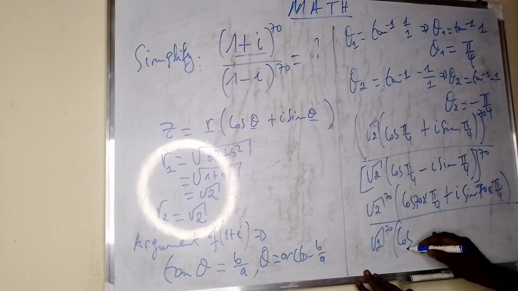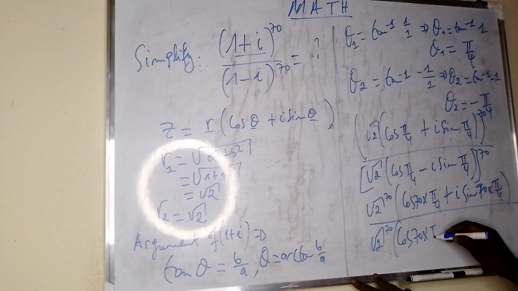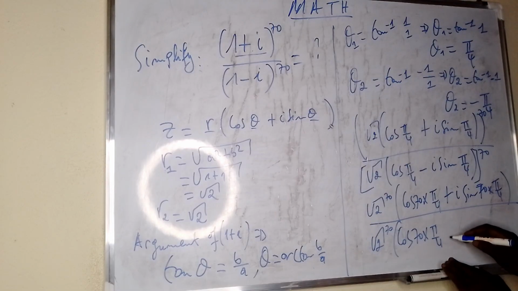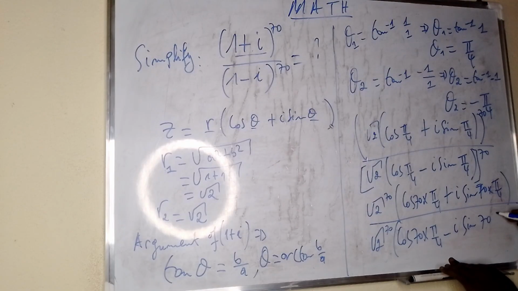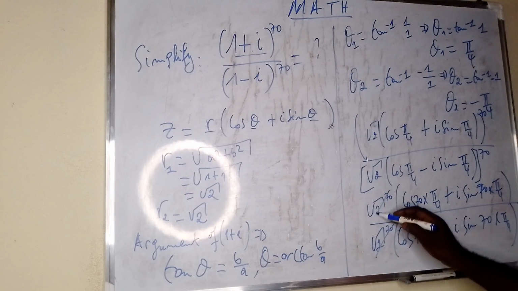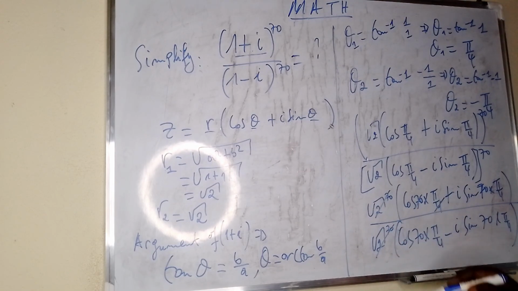Cosine of 70 times pi over 4 minus i sine of 70 times pi over 4. Now we see that the root 2 power 70 in the numerator and denominator simplify.